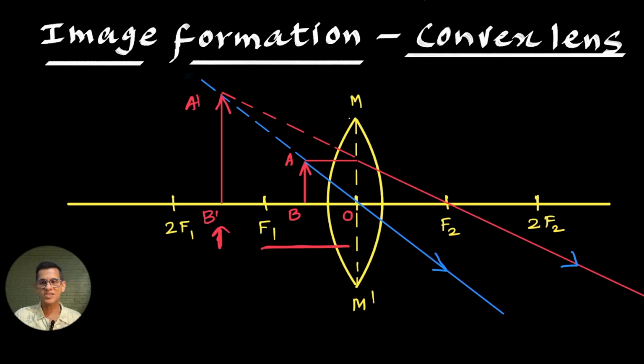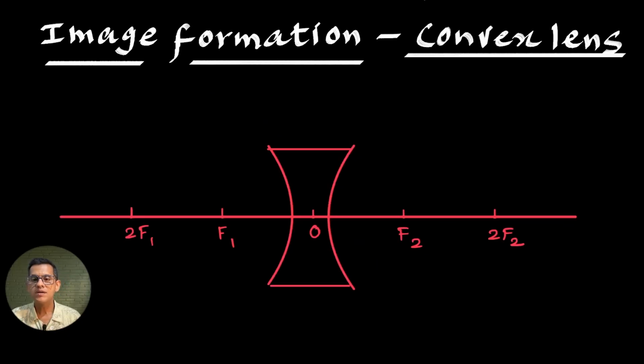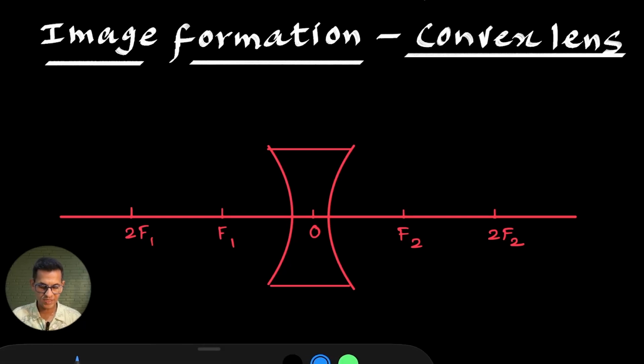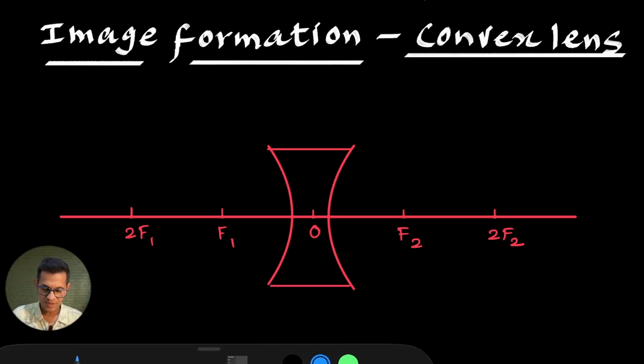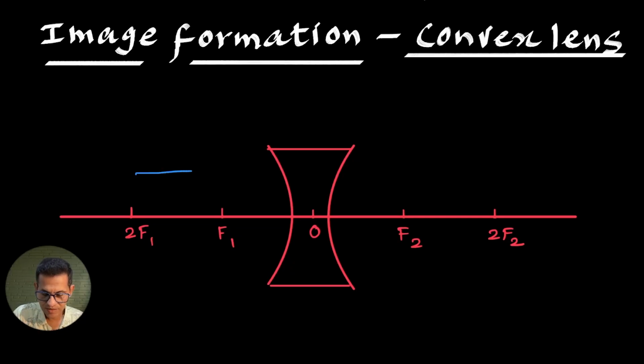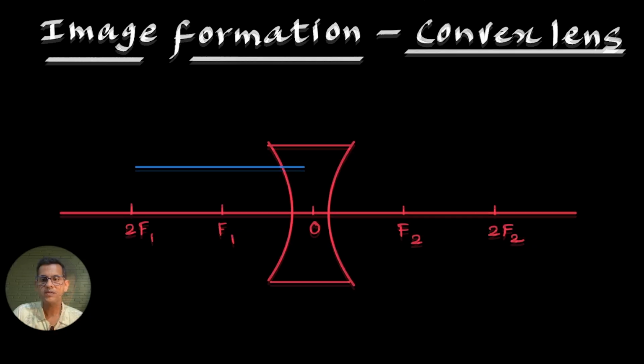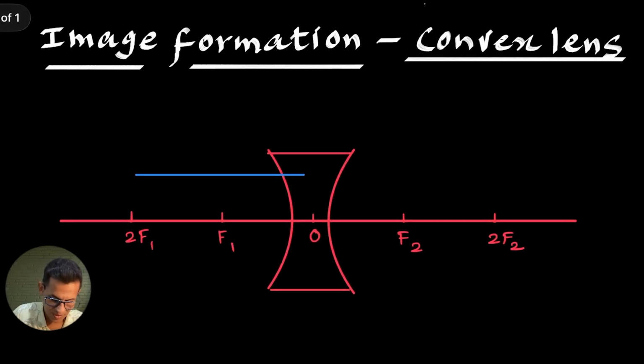Let's move on to the concave lens. Let's understand the rules for drawing concave lens diagrams. The first rule says that if a light ray is traveling parallel to the principal axis, it will diverge in such a way that it will appear as if it is diverging from F1.